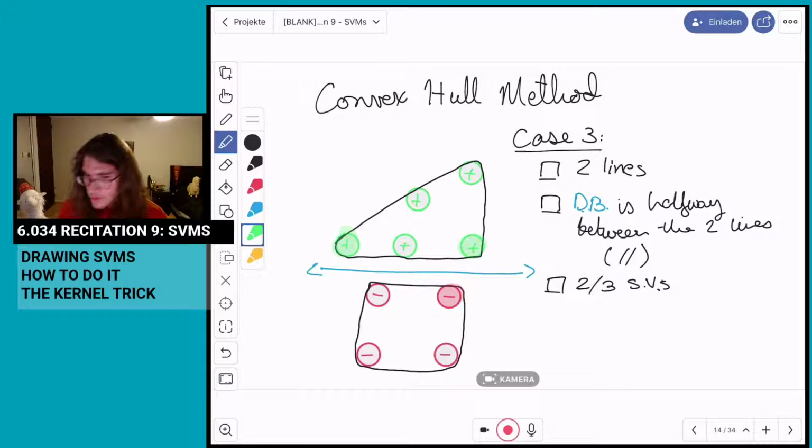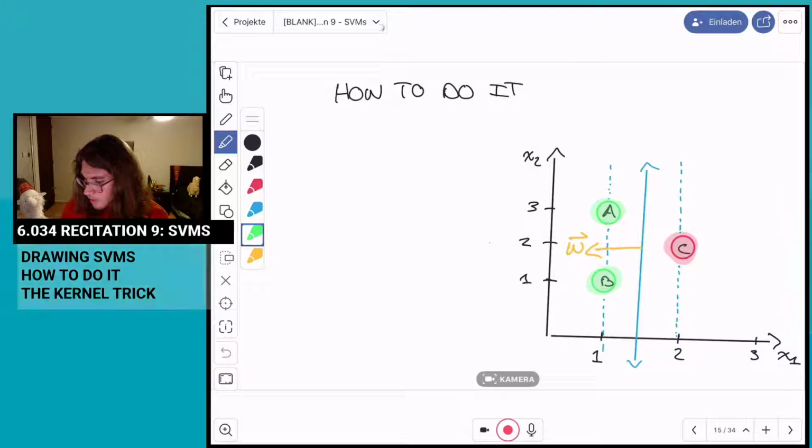Okay. So that's it for the convex hull method, and that about covers all the intuition component of this recitation. Now we're actually going to get into a lot of the math, and even the math, thanks to the simplifying hard margin linear support vector machine that we're working with in this recitation, a lot of the mathematics are simplified to a fair extent.